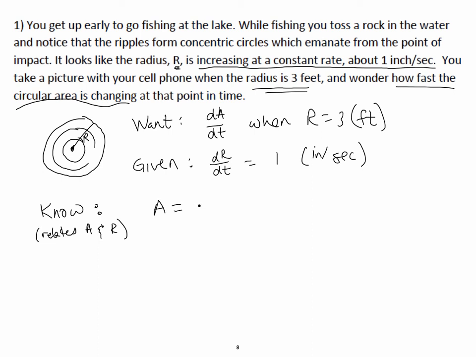A equals what? Pi r squared. The 4 pi r squared was for the surface area of a sphere. Okay. So here's a formula relating the quantities, A and r.